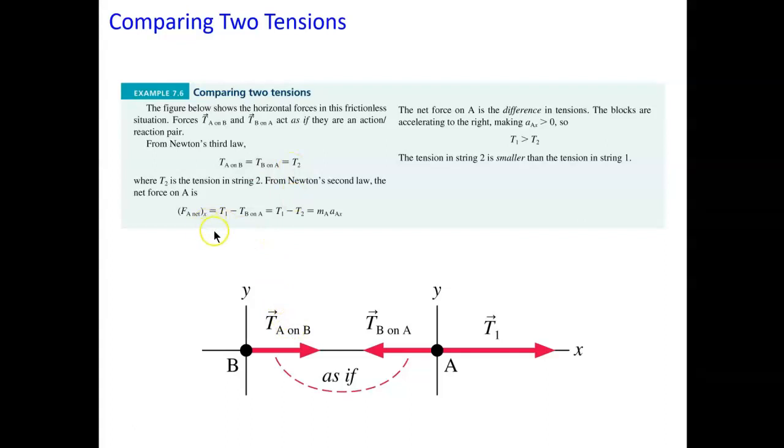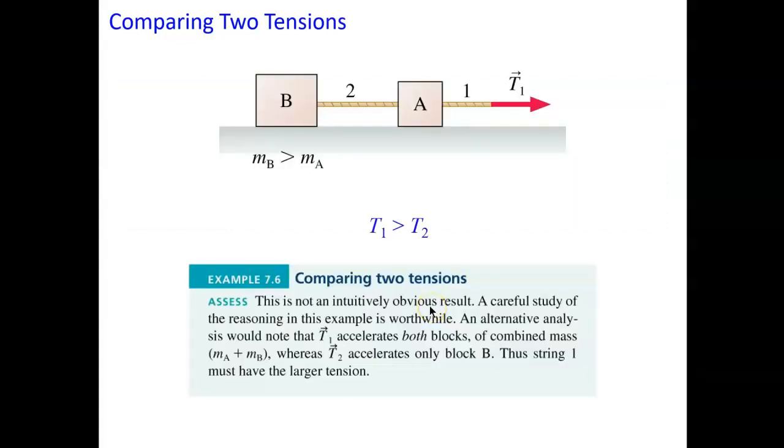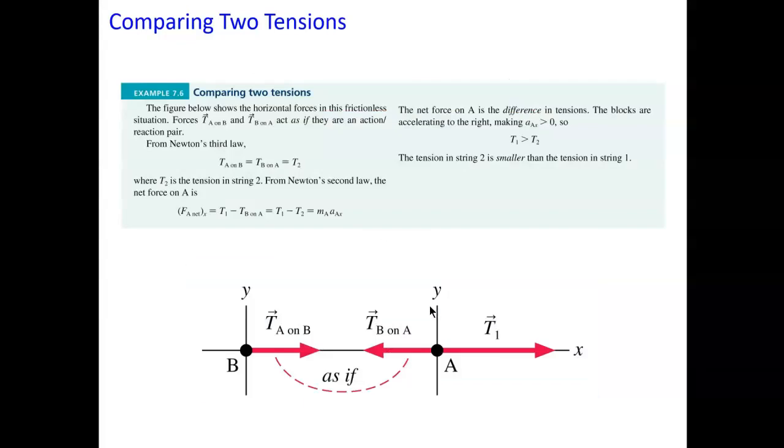And so, as you can see, he knows the forces in the y direction aren't going to be helpful in this problem, so they're only defining the forces in the x direction. And so as you can see from right here, he's defined it in the same way, and he's found out basically that tension 1 is greater than tension 2.